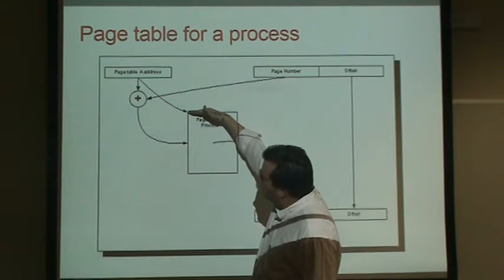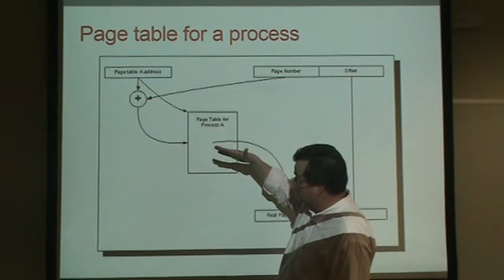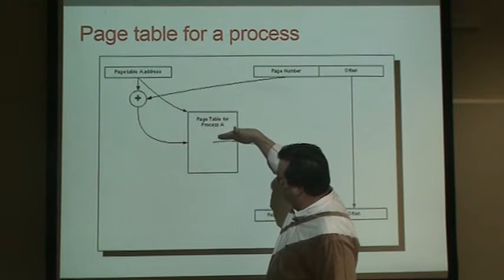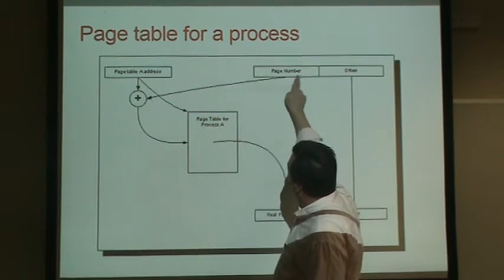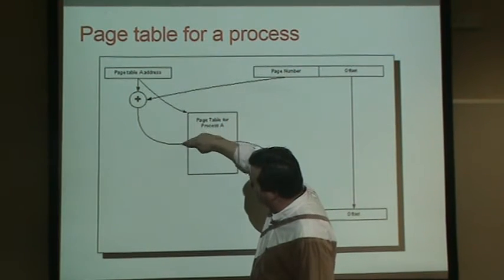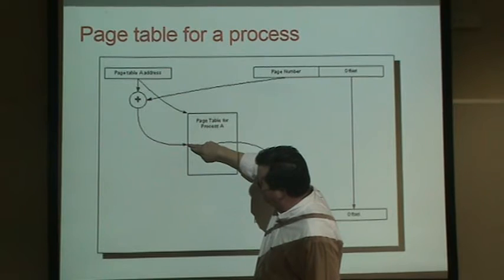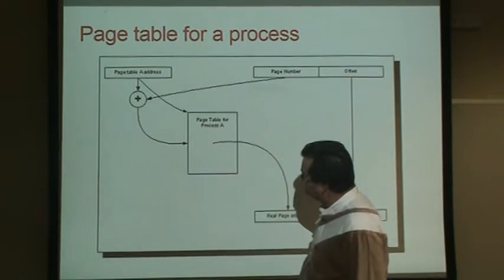In other words, we would have a table that is the size of our virtual space. And some of these table entries will be blanks because we don't have those pages in memory. So we can take the page number and add it to the beginning of the table to know exactly where the virtual page number is, and then maybe there would be an address there or maybe not.